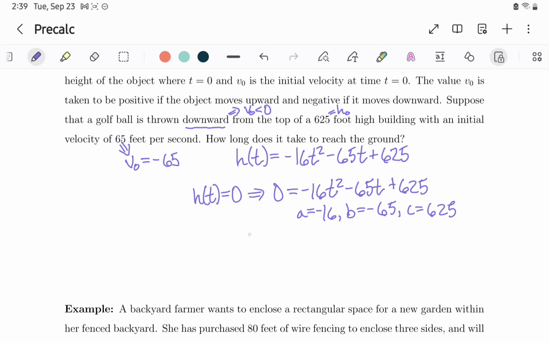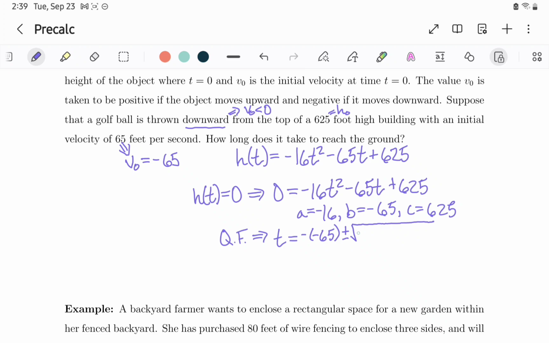And so, according to the quadratic formula, t is going to be equal to negative b, so 65, plus or minus the square root.